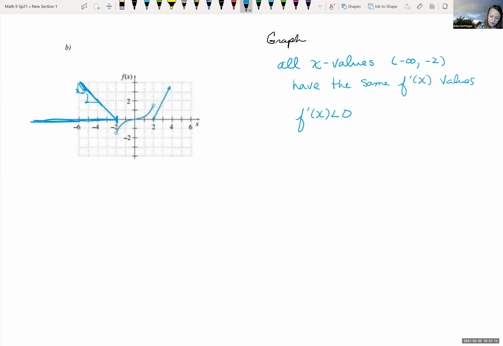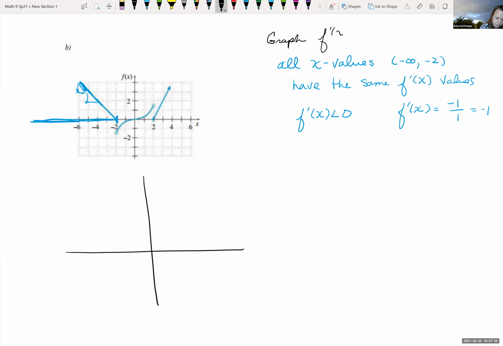So my slope on the interval from -infinity to -2, f prime of x, is down 1, so -1 over 1 is -1. So for graphing the derivative function from -infinity to -2, I have a y value of -1.